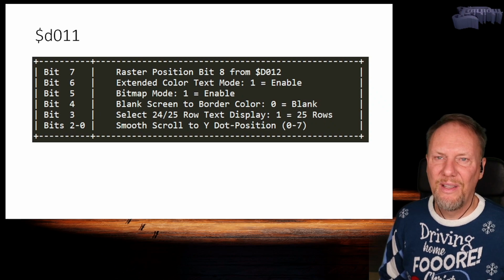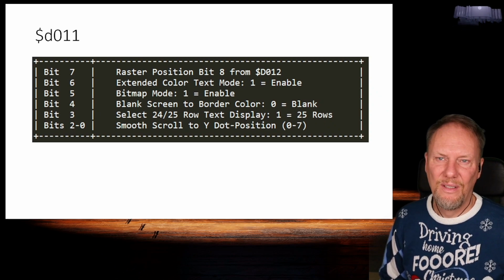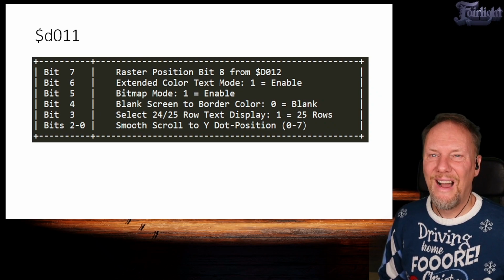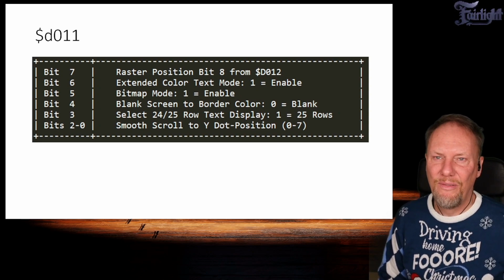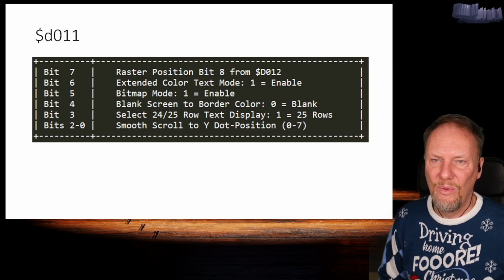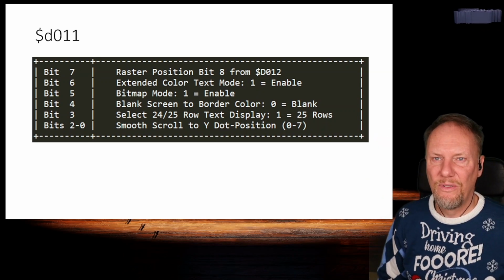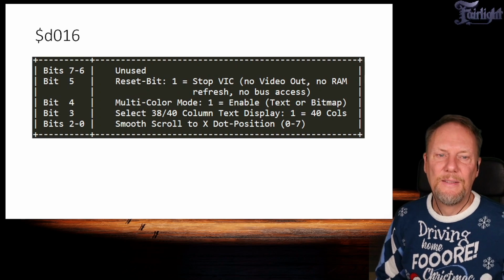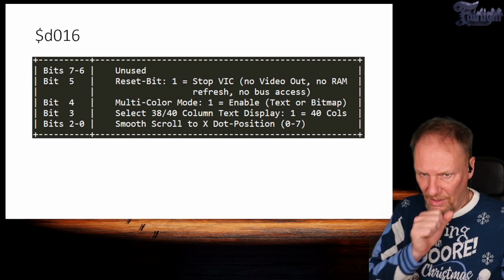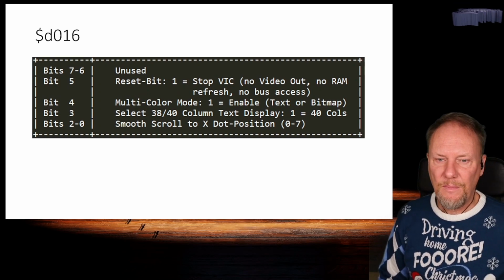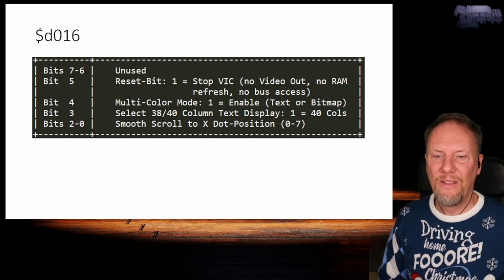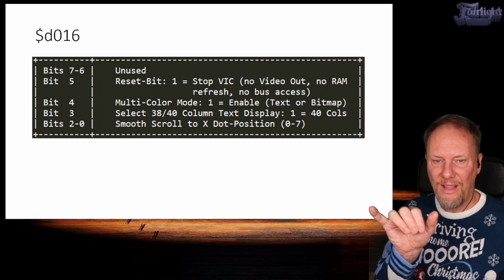Writing to that bit will set the high bit, and it's 0 by default. So if you don't set it, you will only be able to set the raster interrupt on one of the first 256 lines.